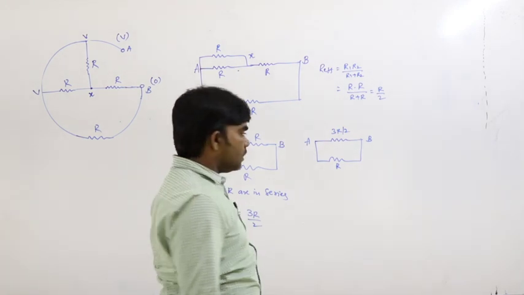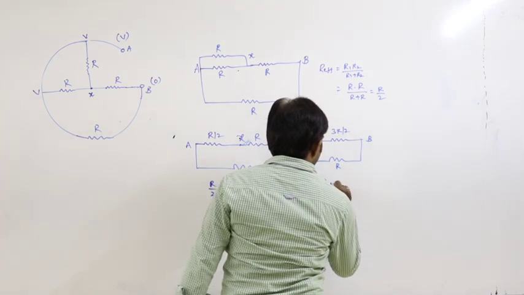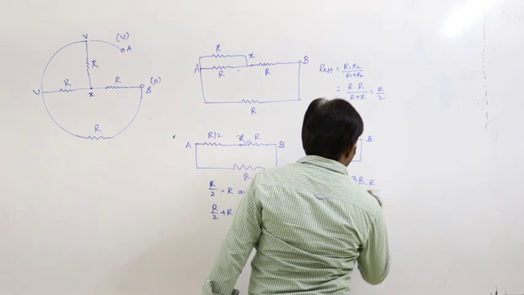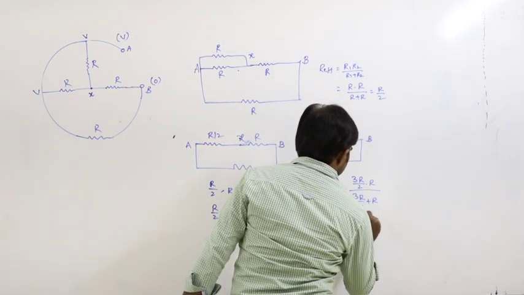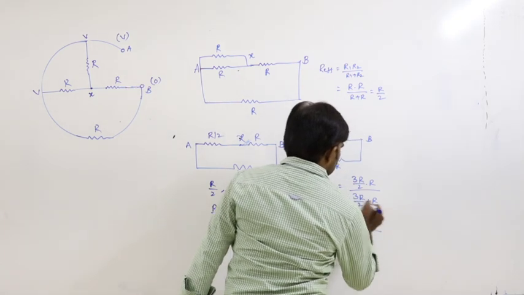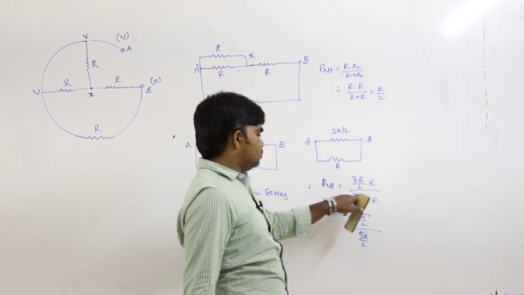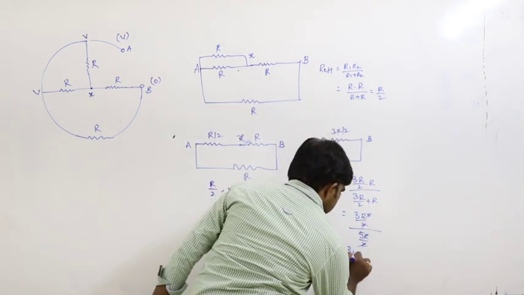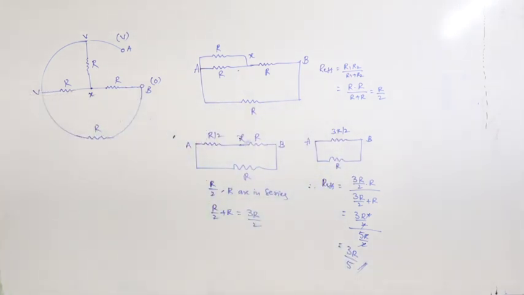Therefore R effective between A and B is equal to 3R by 2 into R divided by 3R by 2 plus R. So 3R square by 2 divided by 5R by 2. 2 gets cancelled, R gets cancelled. So that is 3R by 5. That is the effective resistance.